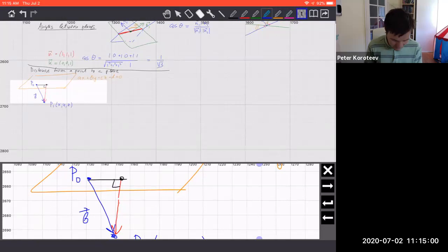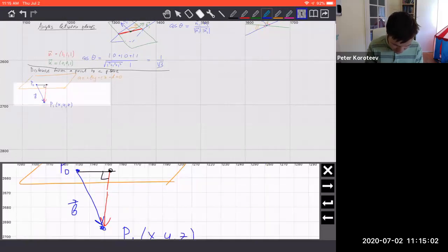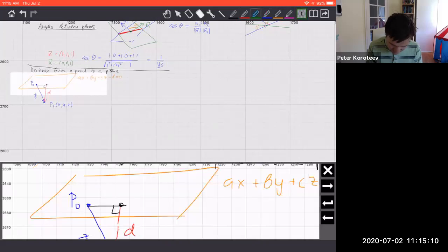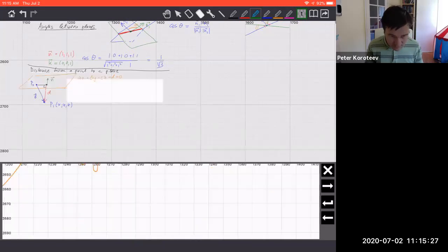Okay, and what we need to find is this distance here, this D. It's the length of the vector. The normal vector to the plane can be either up or down, it doesn't really matter. Let's say it goes up here. So this distance will be the length of this line segment, okay?